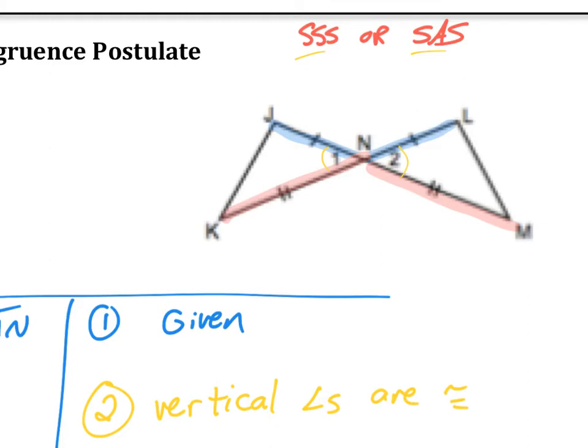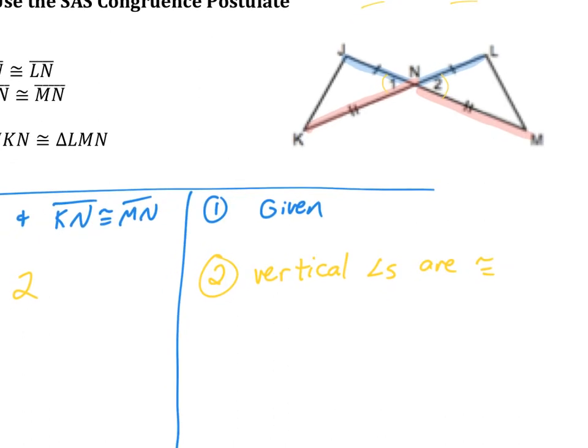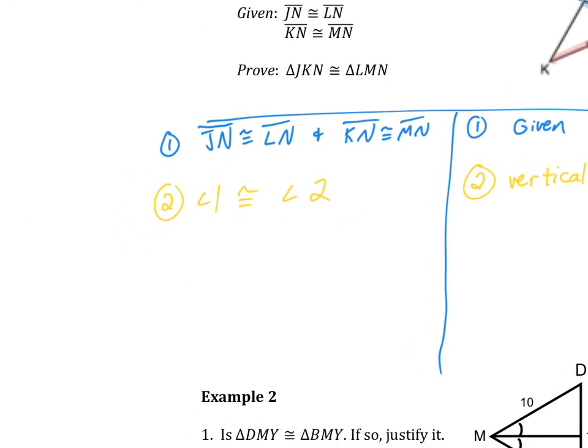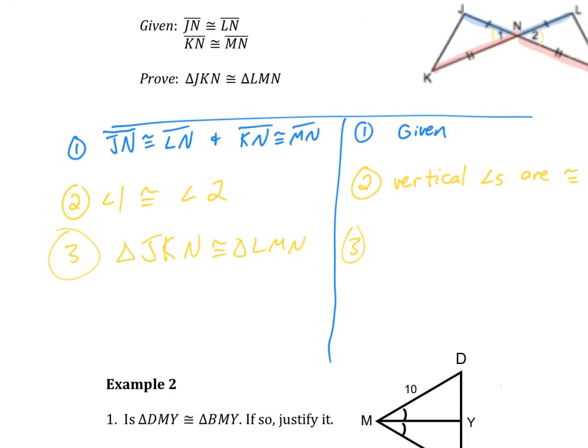So this would be side, angle, side, because the two blue sides and the two red sides are congruent, and then the angles in between them are. So now our last step would be, we would say triangle JKN is congruent to triangle LMN, and the reason would be side, angle, side congruence. So we can show that the triangles are congruent by side, angle, side.